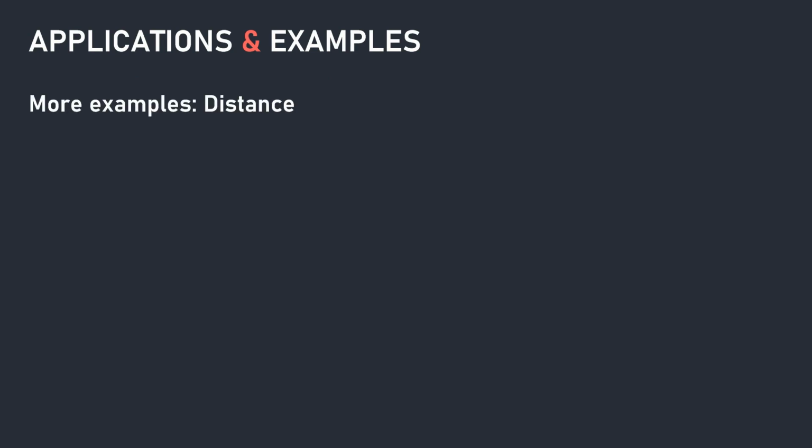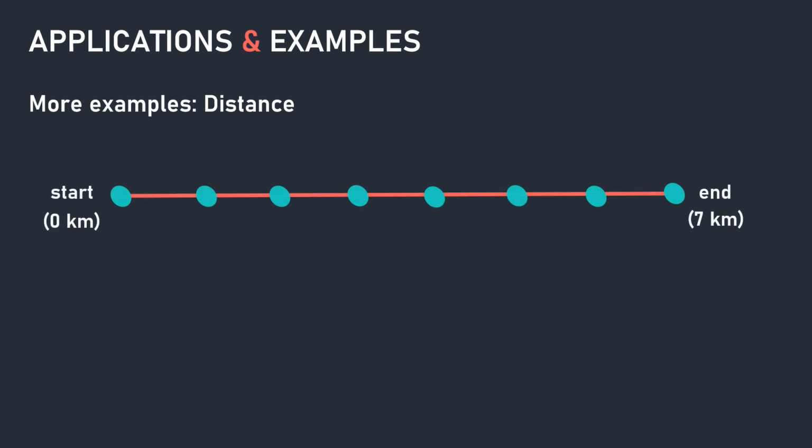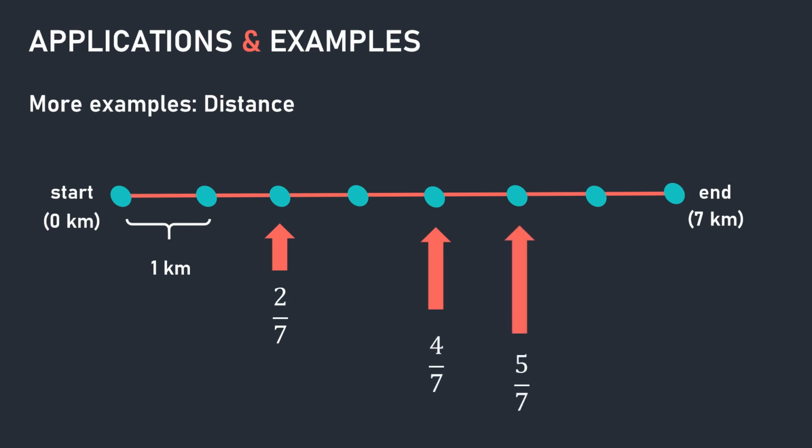Fractions can be used when measuring distance, for example. Say you were going to your friend's house, which was 7 kilometers away. If 2 kilometers later you wanted to express the distance you've covered as a fraction, then that would simply be 2/7. Similarly, after 4 kilometers, it would just be 4/7, and after 5 kilometers, it would be 5/7, etc., etc.